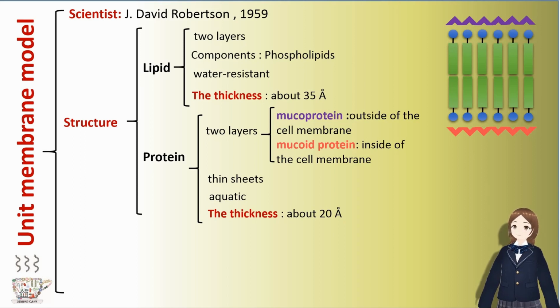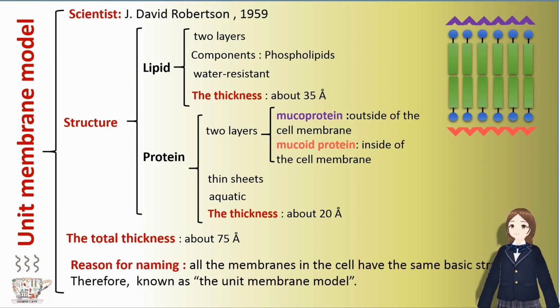The thickness of the protein layers is about 20 angstrom. According to this model, the total thickness of the cell membrane is 75 angstrom. Reason for naming this model: all the membranes in the cell have the same basic structure, therefore known as the unit membrane model.